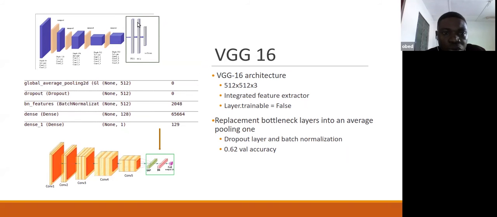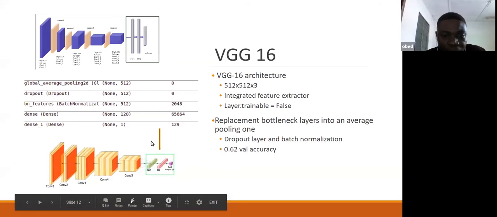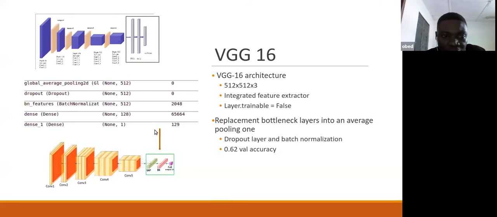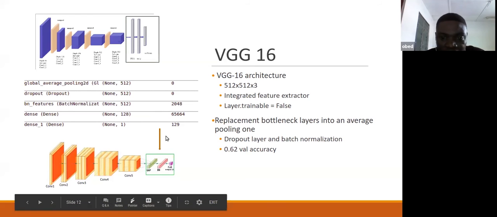So the fully connected network at the end of the VGG 16 architecture, I replaced that with global average pooling and then some batch normalization. And then finally, I did a dense network and then my final output layer, right?